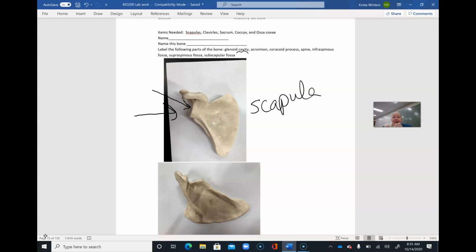So then we have, I'm going to skip over here so you can see this, the spine. This structure right here is the spine of the scapula, okay? And right there is the spine.